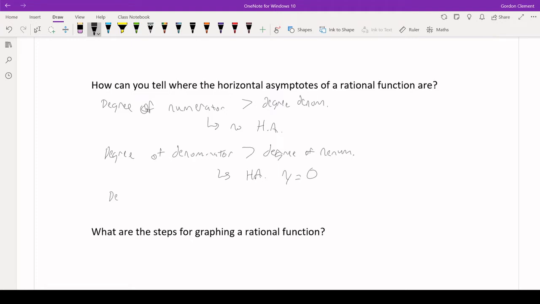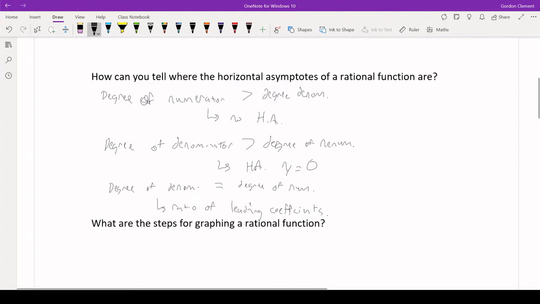And then the last, if the denominator and numerator have the same degree, then it's the ratio of leading coefficients. So there is one, and it happens at the ratio of the leading coefficients.